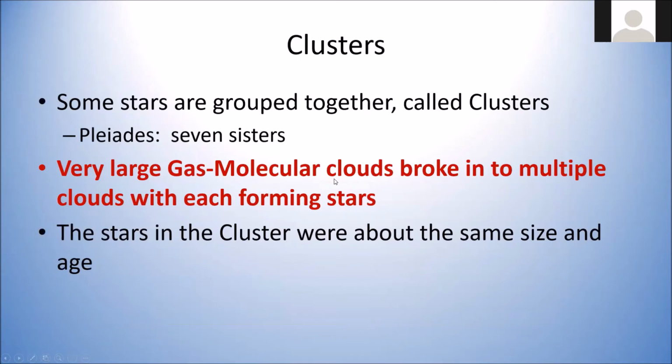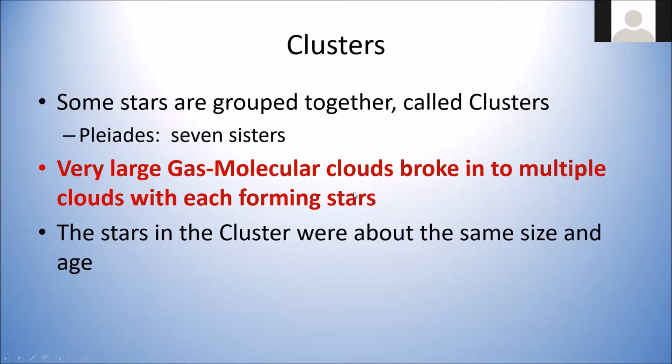So the next thing they found was there were clusters. They found stars that were grouped together, which they called clusters. Pleiades is probably the most famous. It's also called the Seven Sisters. There are 7 stars. What they believe happens is that it starts with a very, very large molecular cloud, which breaks into multiple clouds, with each forming a star.